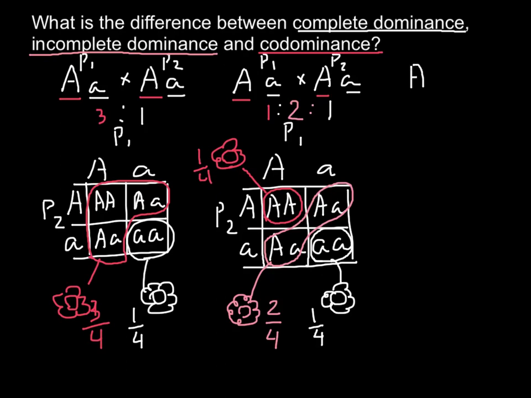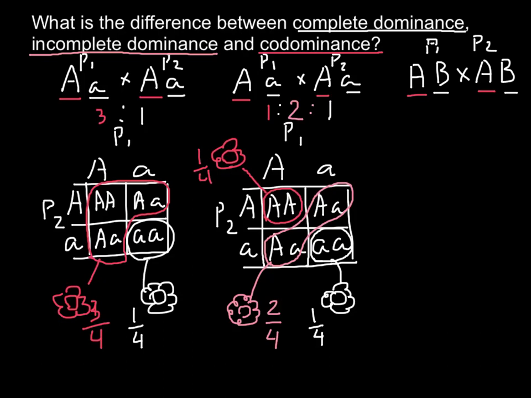So A and B. We have to cross also with A and B. Parent 1 here and parent 2 here. Capital A here would stand for the red color, and capital B would stand for the white color.